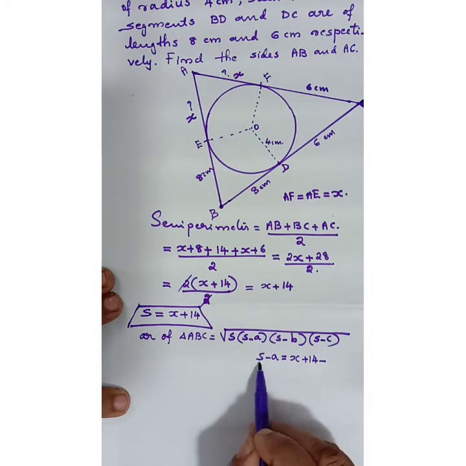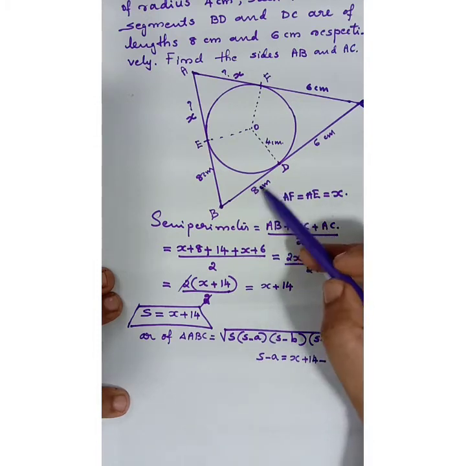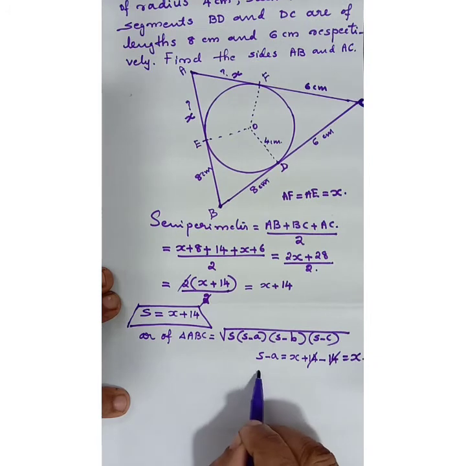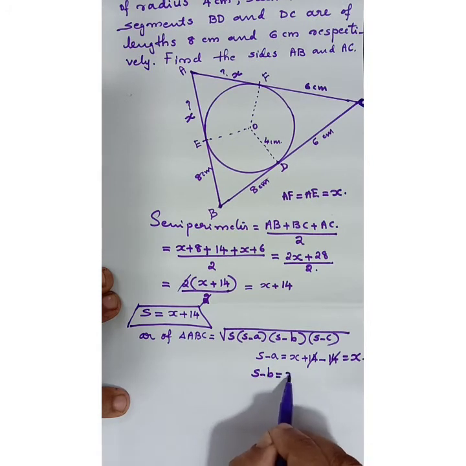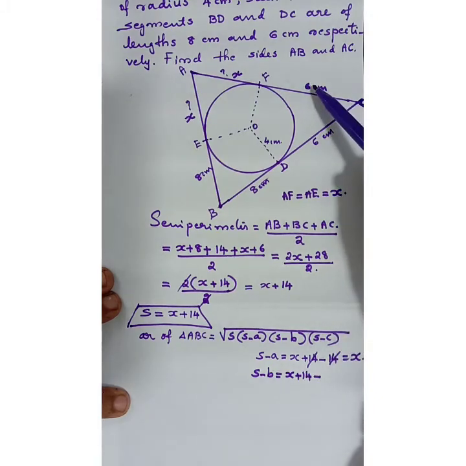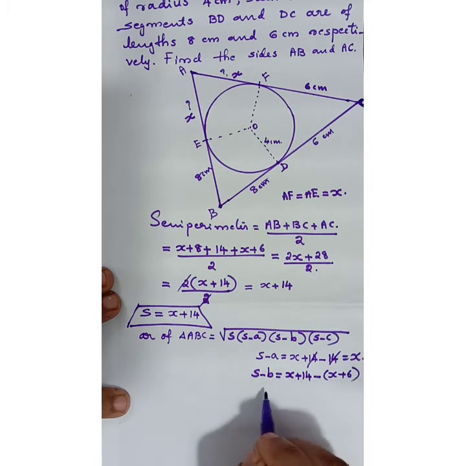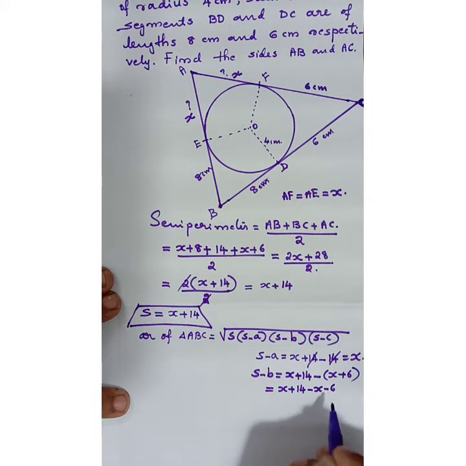S minus A means semi-perimeter minus one side. Here the side is 14, so X plus 14 minus 14 equals X. Now S minus B: S is X plus 14 minus B, which is X plus 6. So X plus 14 minus X minus 6, cancelling X, 14 minus 6 is 8.